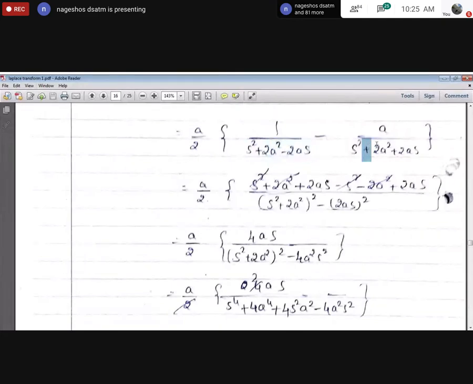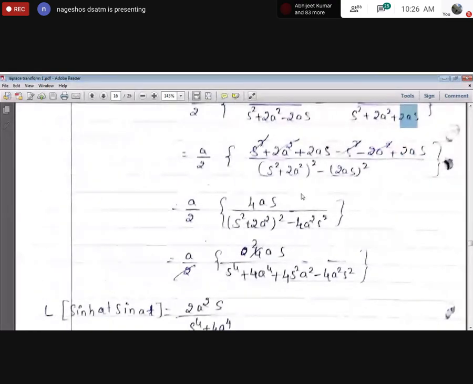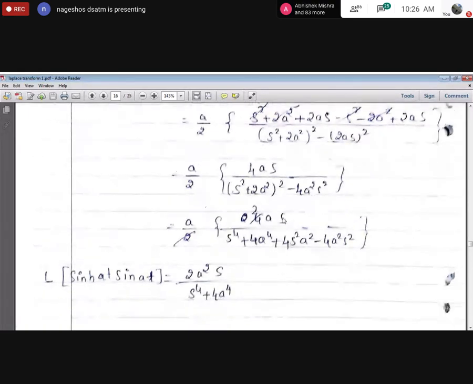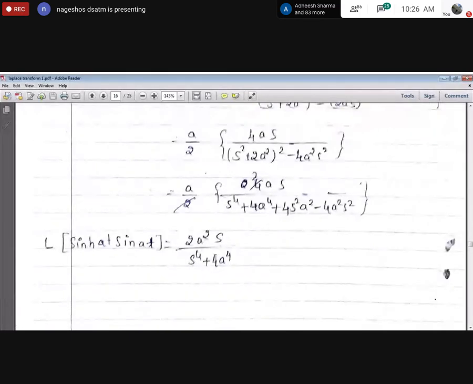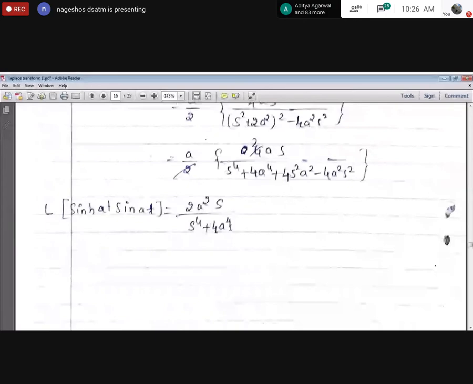So a minus b into a plus b is a square minus b square. So if you apply that formula, this will be s square plus 2a square whole square minus 4a square s square. So Laplace transform of sinh at sin at is 2a square s divided by s power 4 plus 4a power 4.